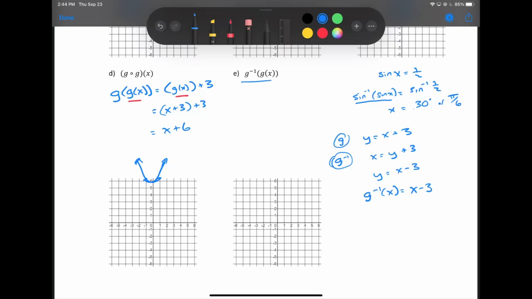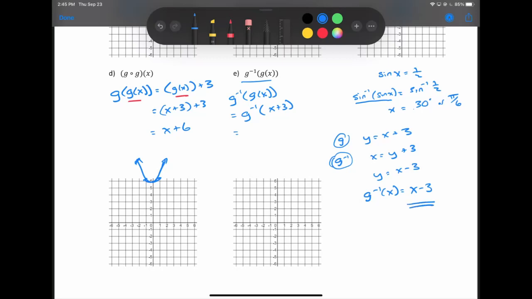The instruction g says take your number, add 3 to it. The inverse function, how to undo that, says, okay, take the result, subtract 3 from it, and you're back to where you started. So then this becomes g negative 1 of g at x equals g negative 1 of x plus 3.